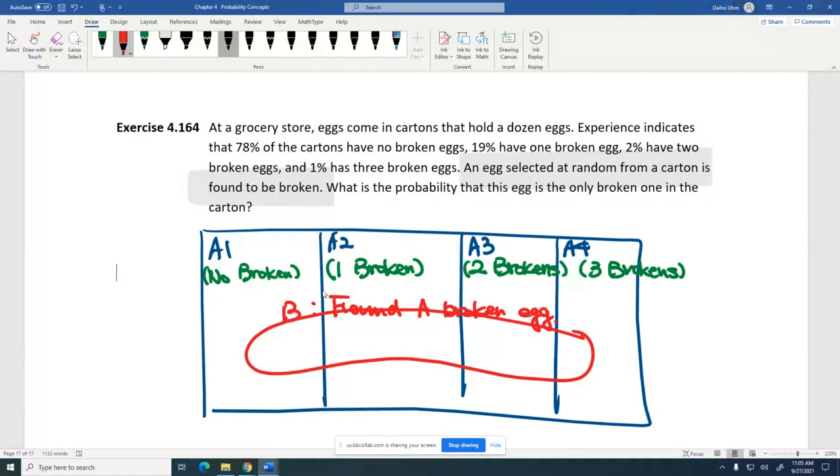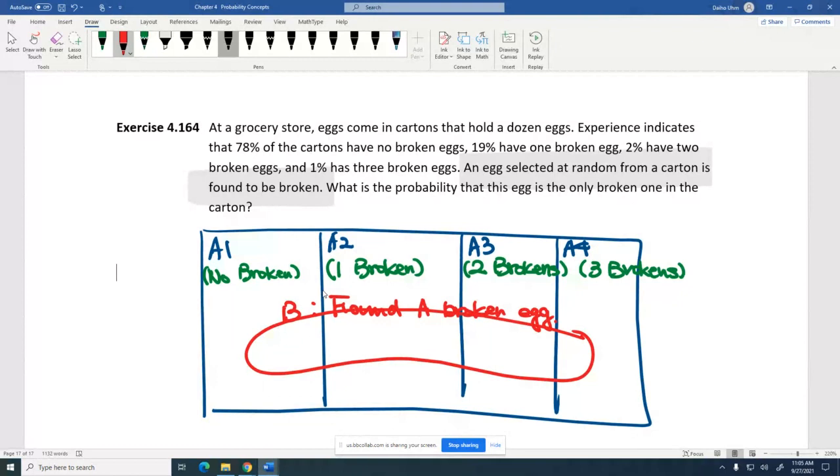So in my car, after I paid, let's open them. I found, oh my God, one is broken. What do I need? I want it to be the only one. You understand what I'm saying? Yeah. So the event B is: I found a broken egg.